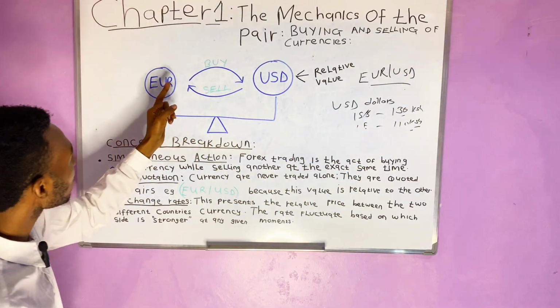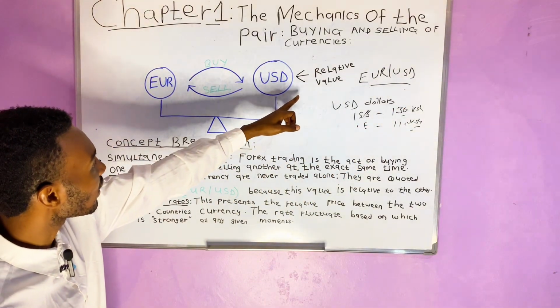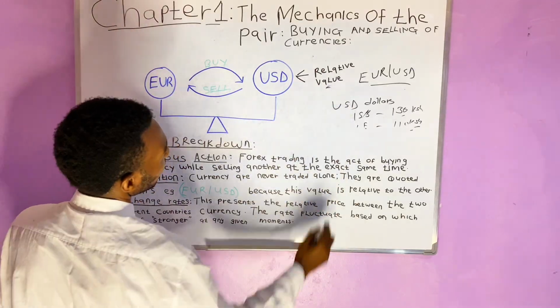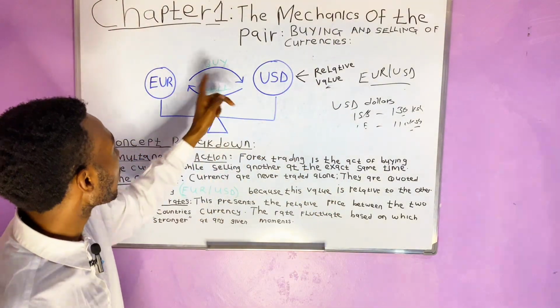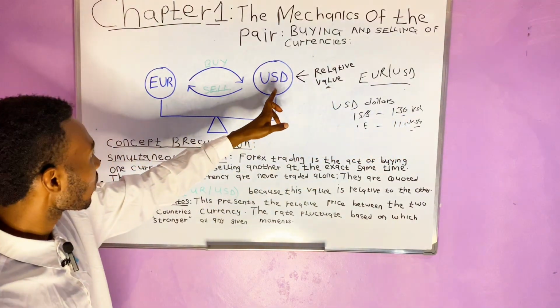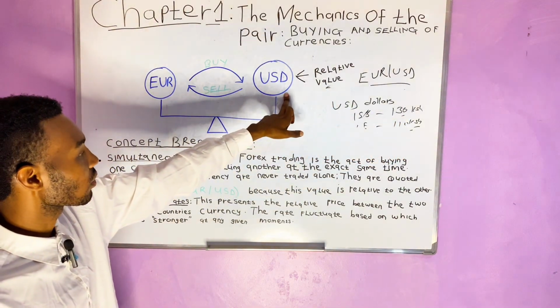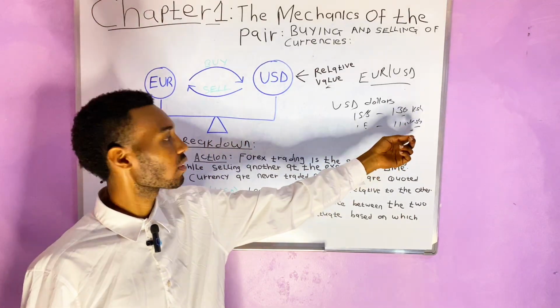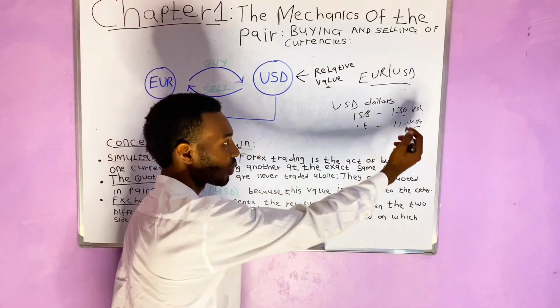This is where you buy USD and then you sell euros. This is the relative value. Relative value means when you buy this USD and it costs 130 shillings, when you sell the USD to pound, the relative amount will be lower compared to US.